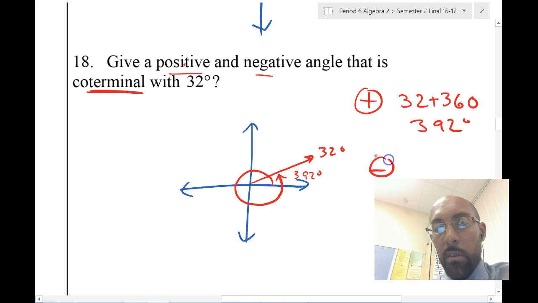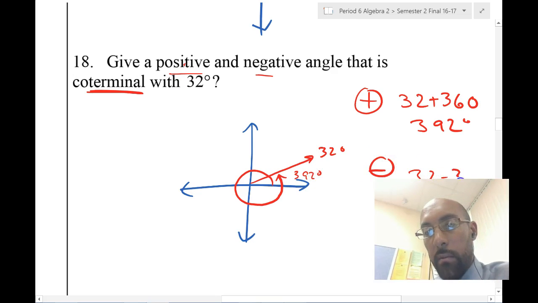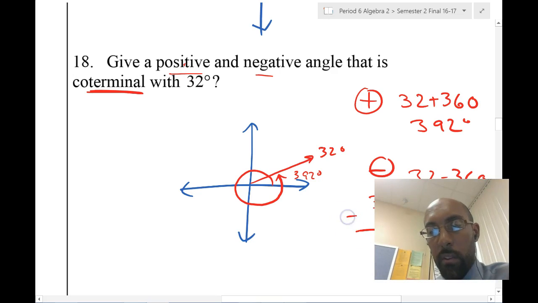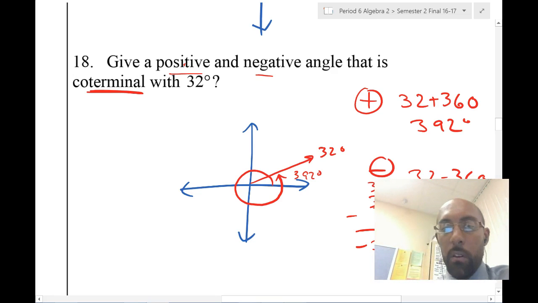And to get the negative angle, we're going to do the same thing but subtract. So we'll do 360 minus 32, and then it will keep the negative sign. So let's borrow from here. 10 minus 2 is 8. 5 minus 3 is 2, and then we bring down the 3. And remember, it has to be negative. You can do it in the calculator if you don't remember how to subtract a negative from a positive number.